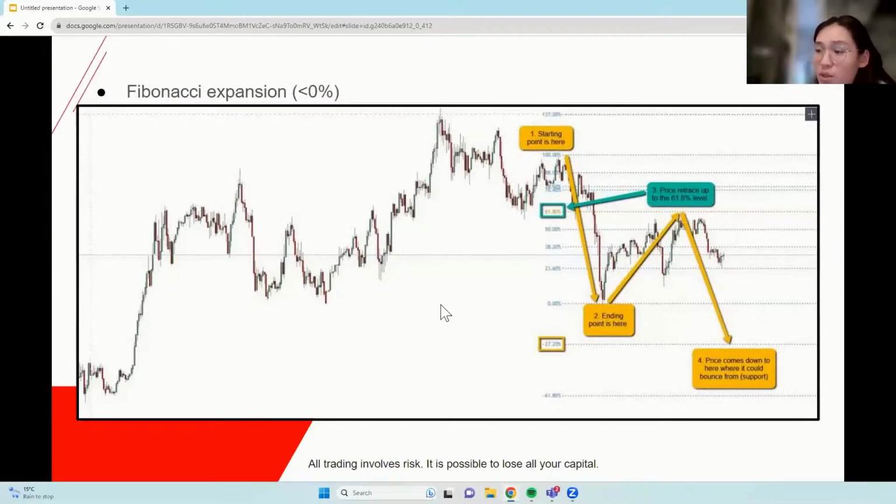We've included support because it could be a possible support level. For Fibonacci expansions, we are looking at the negatives, mainly negative 27.2 and negative 61.8.